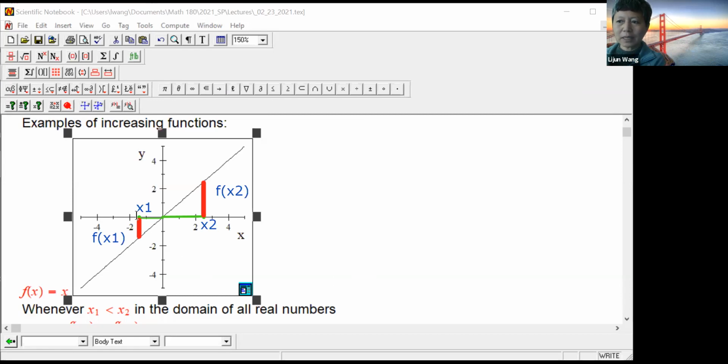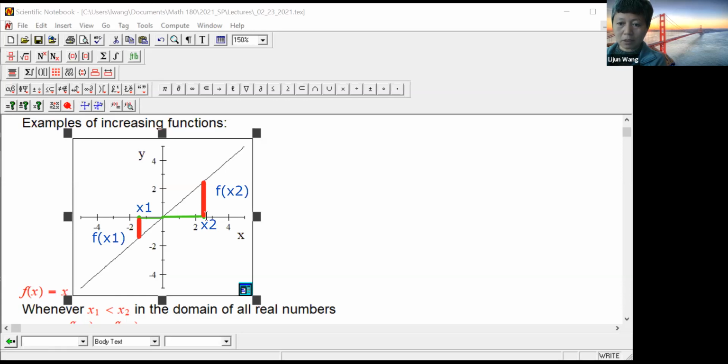But you can see x1 is a horizontal measurement. f of x1 is a vertical measurement. You guys follow me? Very basic, right? x2, f of x2. All right? That's the visual. Do you see it?